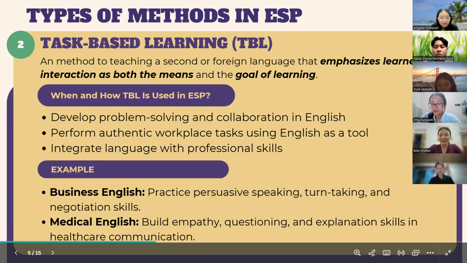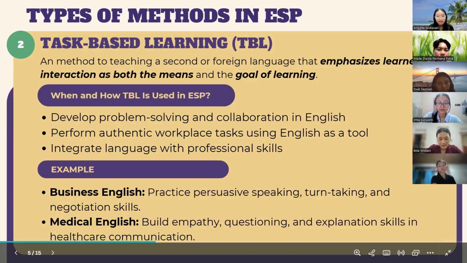Here, students learn English through performing meaningful tasks, or in other words, they use English as a tool to complete real-world activities. It also allows learners to build language skills while practicing collaboration, problem solving, and professional communication.